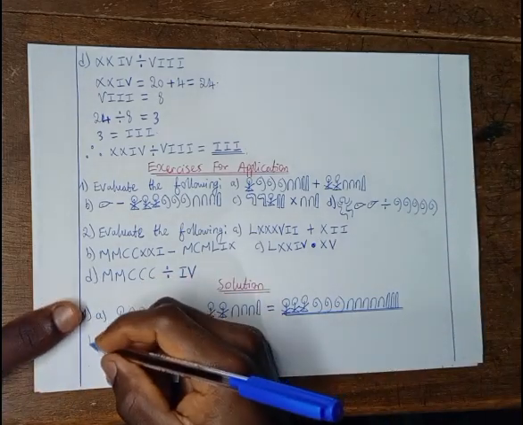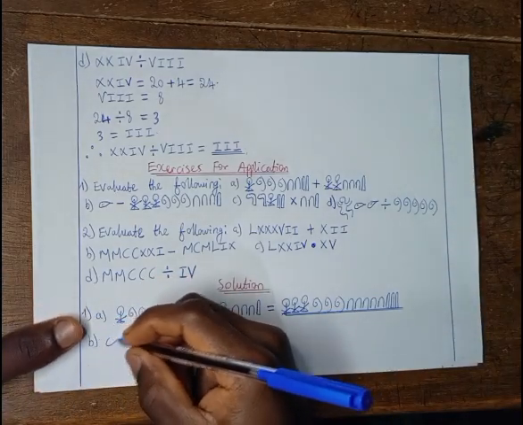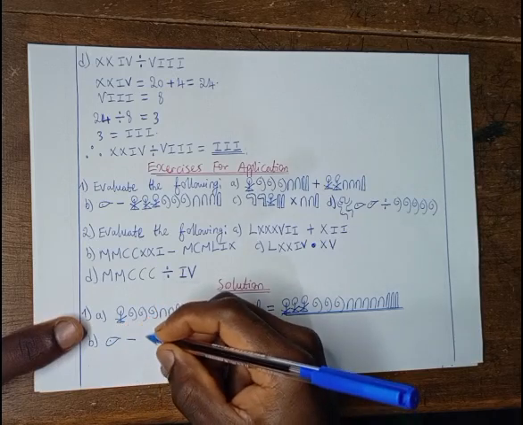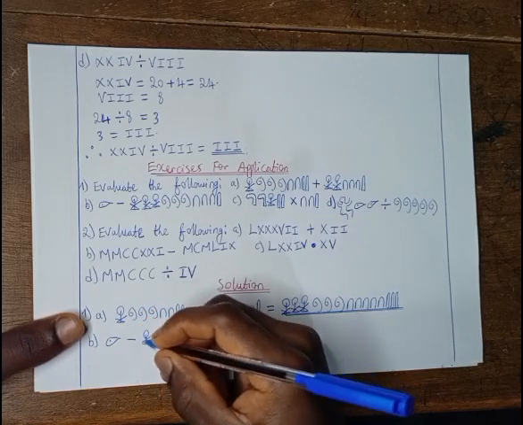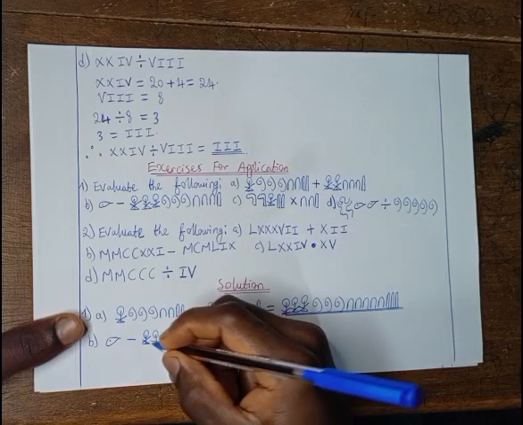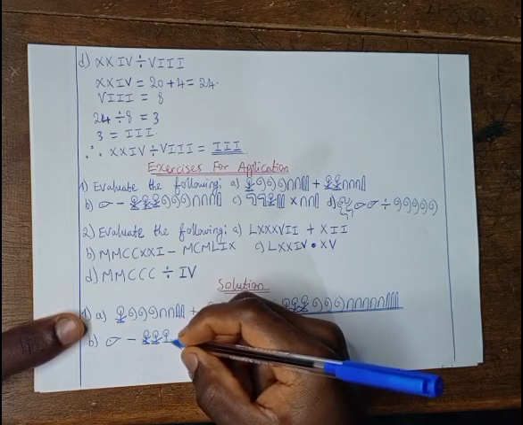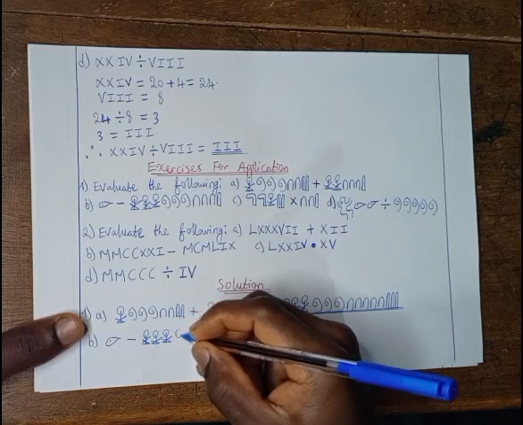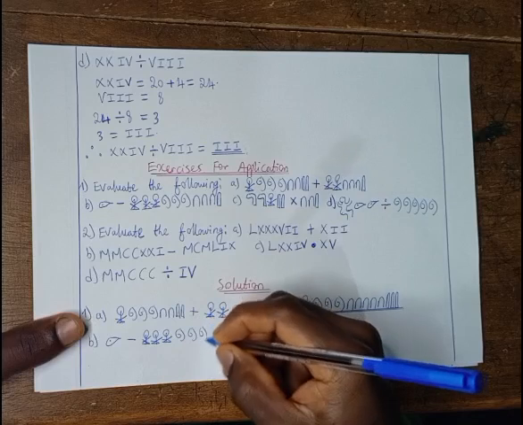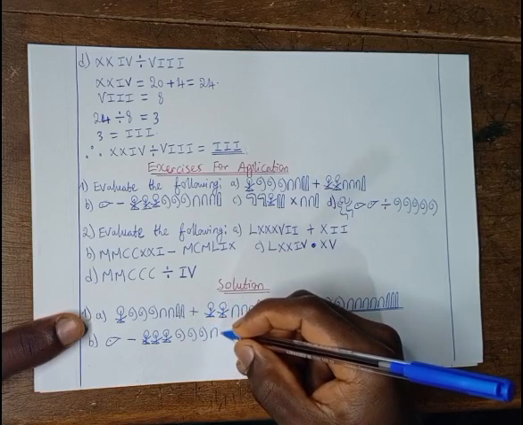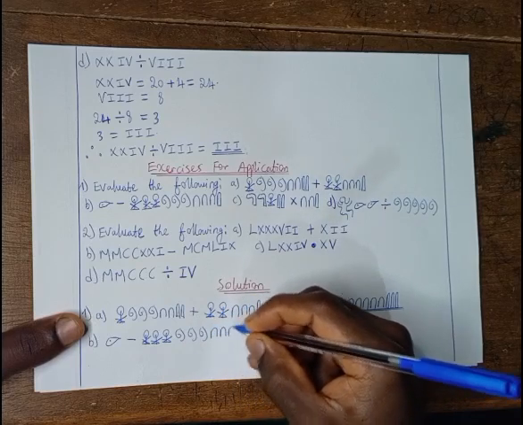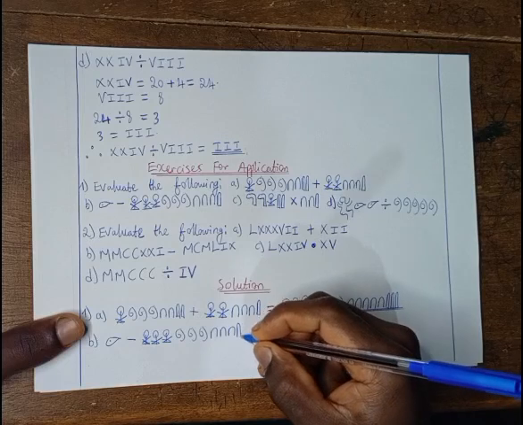Next, now we go to question B. We have a tadpole minus the second number, which has 3 lotus flowers, 3 spirals, 3 hell bones, and a straight finger.